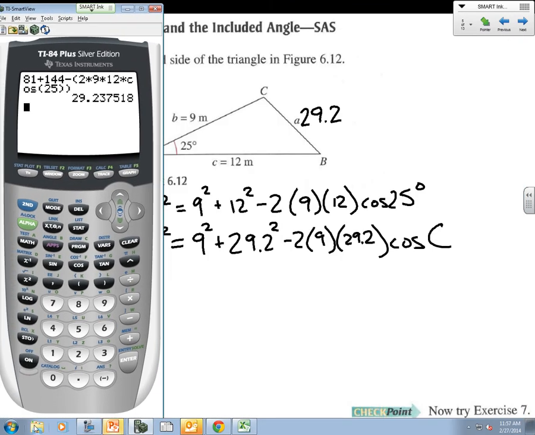And so we started with 12 squared on the other side. 144 minus 81 minus 29.2, I'm going to put in a couple extra decimal places in here, 29.237518 squared, divided by negative 2 times 9 times 29.2.